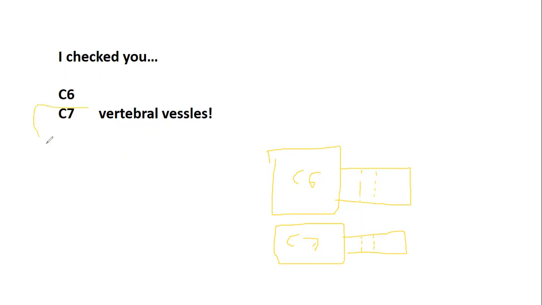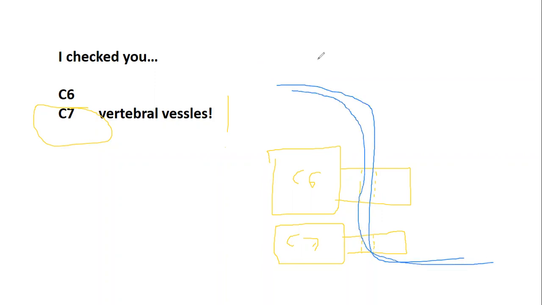So from C7 you've got the veins. Okay, so from C7 we've got the veins, the vertebral veins, and from C6 you've got the artery with them. Okay.